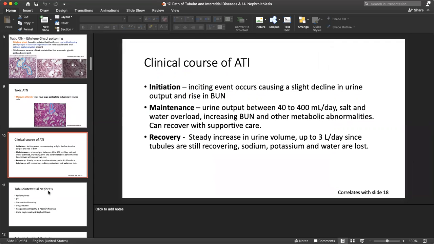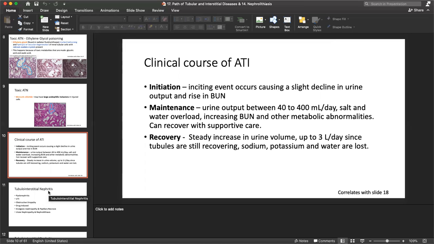So clinical course, it has 3 stages. We've got initiation, which is going to have a slight decrease in the output and a rise in our BUN. Maintenance is going to be a urine output between 40 to 400, salt and water overload, high BUN, and other abnormalities.